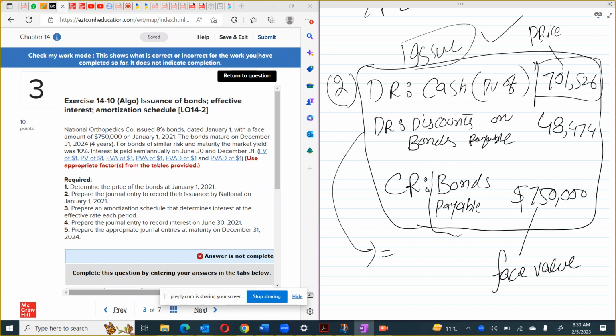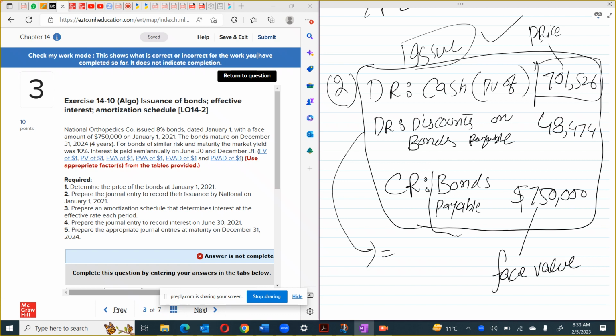On 1st Jan, this is a straight line and effective interest comparison. Remember, prepare an amortization schedule that determines the effective interest rate. First, requirement 1, you will prepare the amortization schedule using the effective interest rate method.